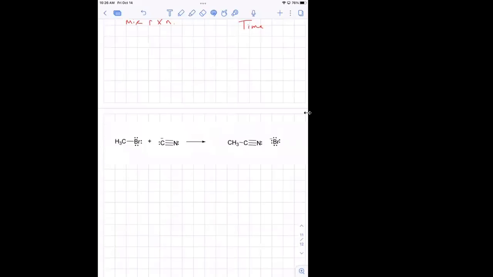Let's go through and identify all the stuff, nucleophile, electrophile, put the arrows in, and then we'll talk about the thermodynamic component, the delta H and delta G and all that stuff.